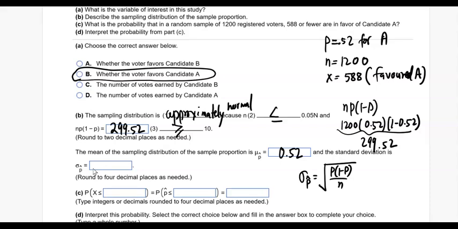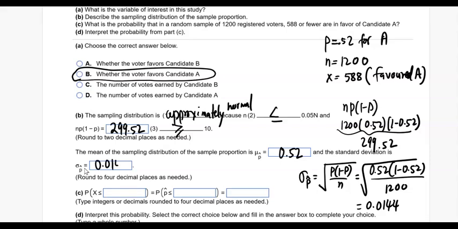Use 0.52 as p, 1 minus 0.52, divided by the sample size 1200, and take the square root. If you use the calculator and round to 4 decimal places, the standard deviation is 0.0144.